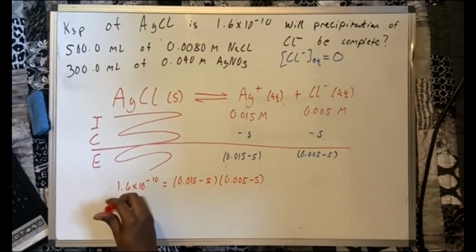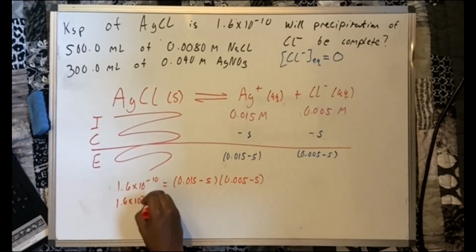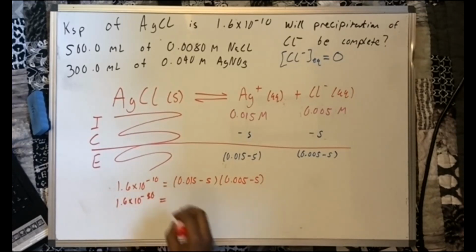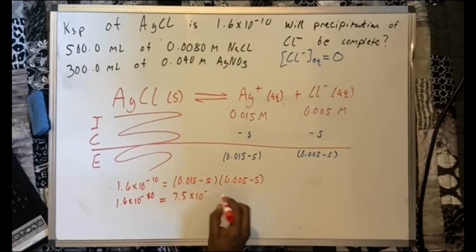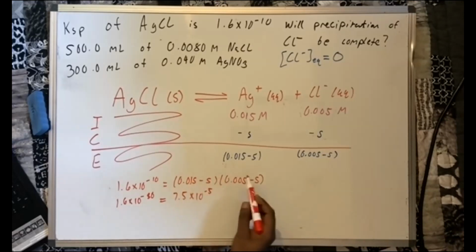And I've got to do algebra now. 1.6 times 10 to the negative 10 equals, I just found this, 7.5 times 10 to the negative 5th. That's just those two multiplied together.